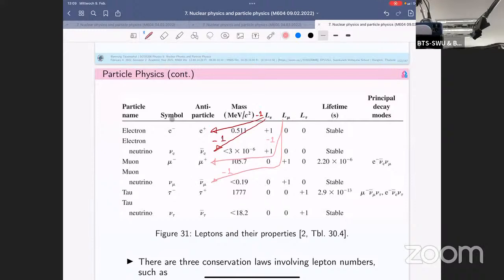The anti-tau has -1 tau lepton number, and same as the tau anti-neutrino. It has also -1 tau lepton number.